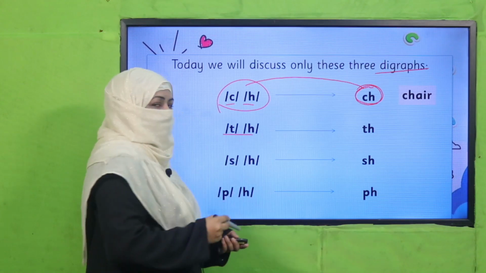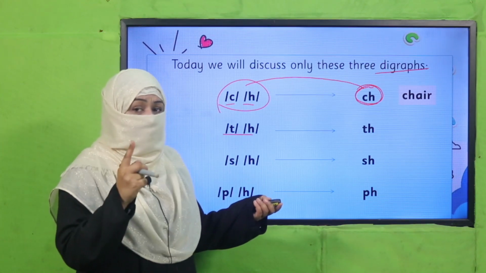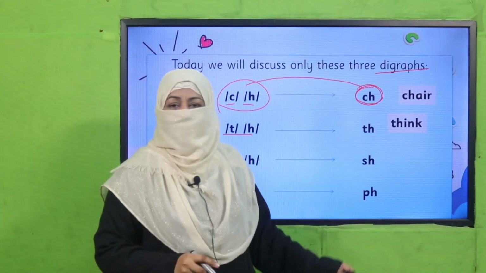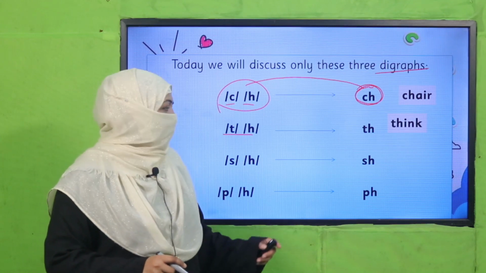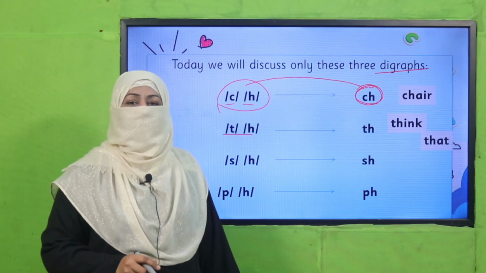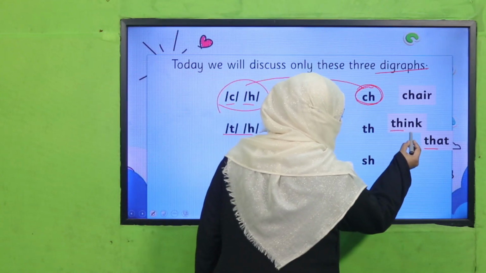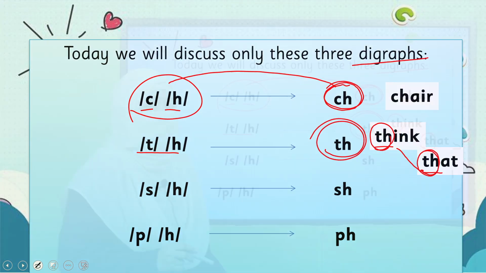Likewise, TH together can make two types of sounds. One is called soft and the other is called hard. When it's soft, we say think, right? When it's hard, we say that. But in both cases, these two letters are making a new sound. That's why this is called a digraph.